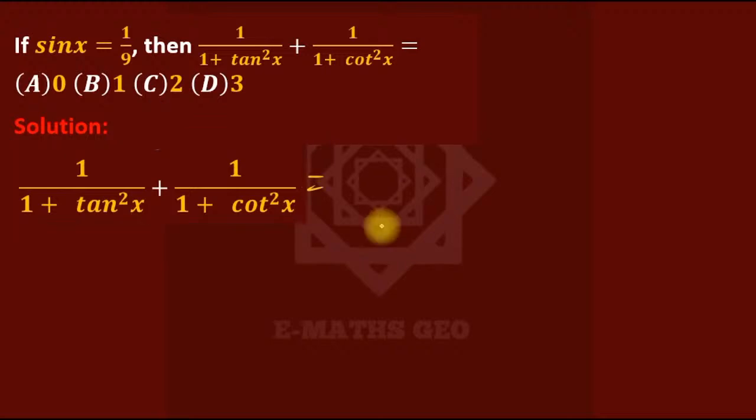So first, use what we've done: 1 plus tan squared is sec squared, and 1 plus cot squared is cosec squared.